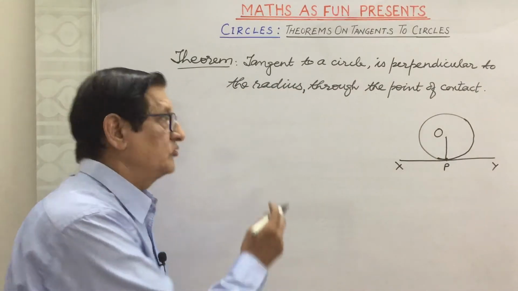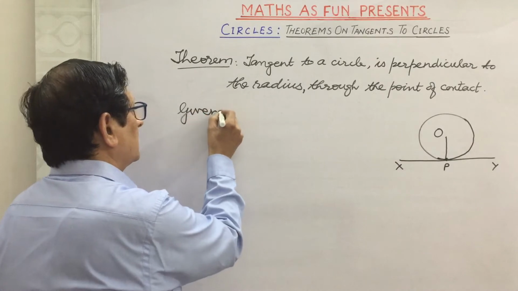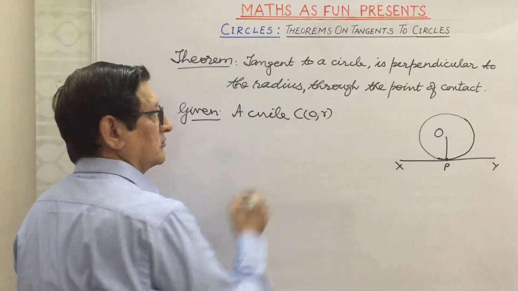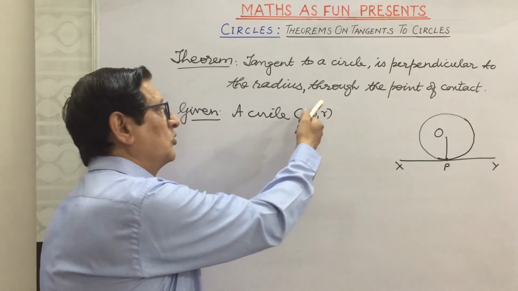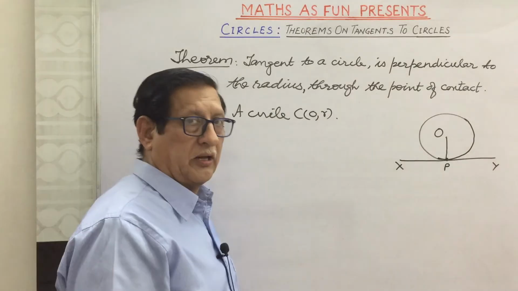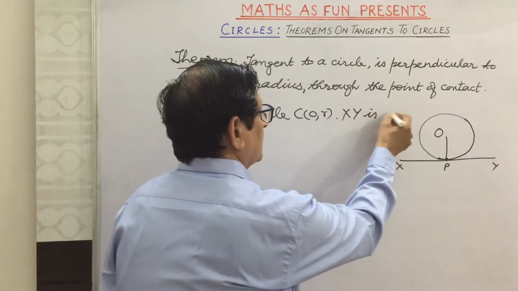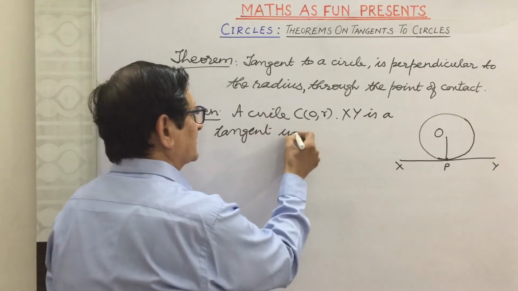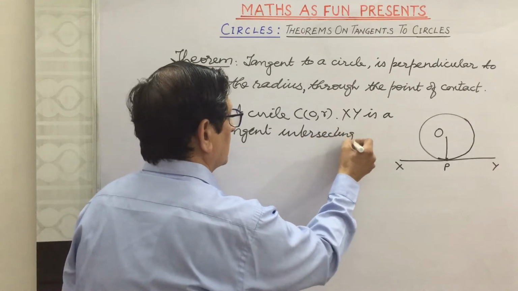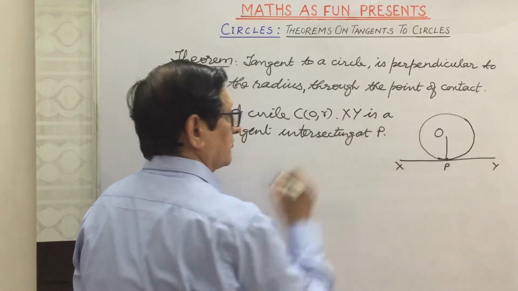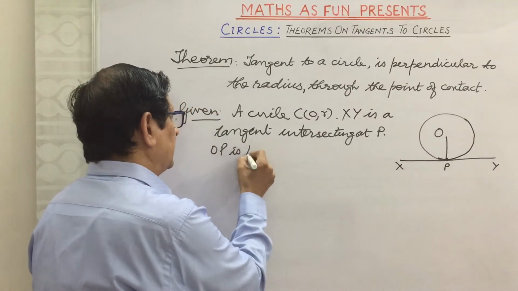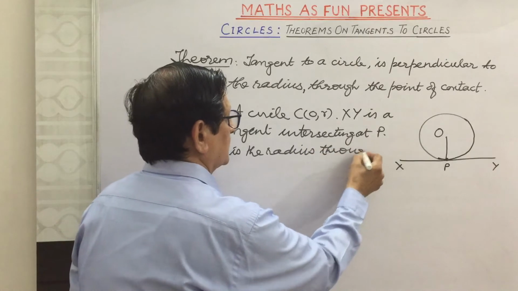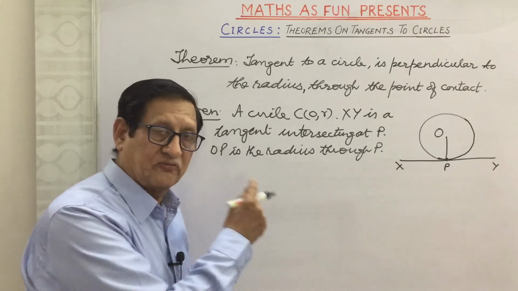So what is given to us here? A circle C(O, R). The meaning of this is the circle with center O and radius R. XY is a tangent intersecting at P. OP is the radius through P. This is what we have been given.